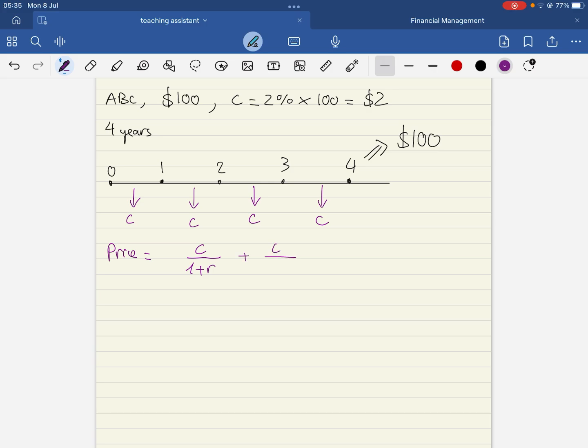Plus C over 1 plus R to the power of 2, plus C over 1 plus R to the power of 3, plus C over 1 plus R to the power of 4. And finally, the face value, which is 100. So 100 over 1 plus R, also to the power of 4.